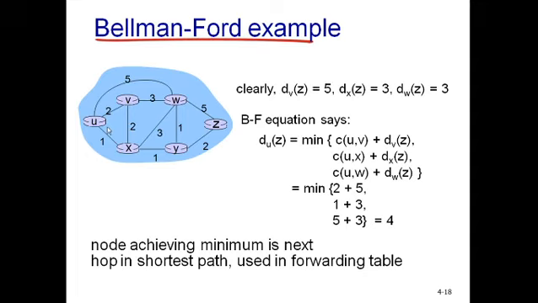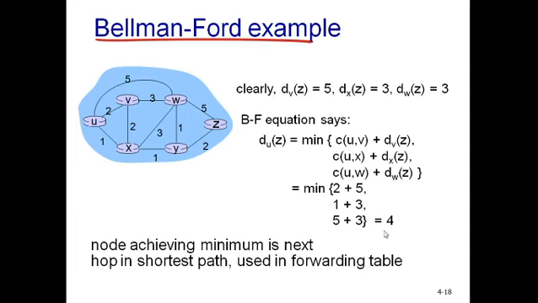Then you calculate with the second neighbor, X: it's 1, and then X to Z is 3, so 1 plus 3. The third neighbor is W: the directly connected cost with W is 5, and 5 plus 3 via this way would be 8.